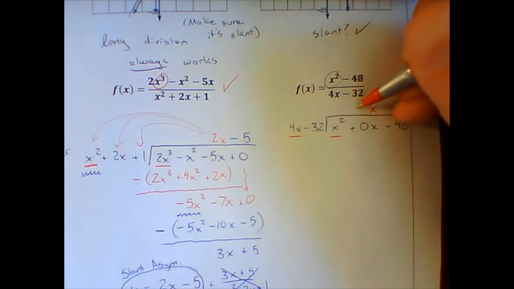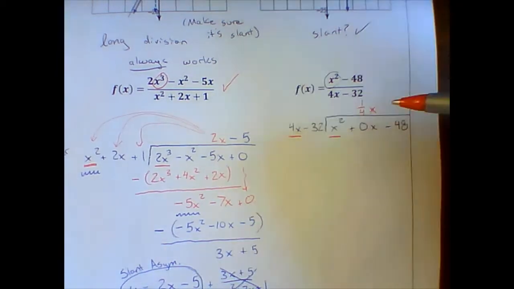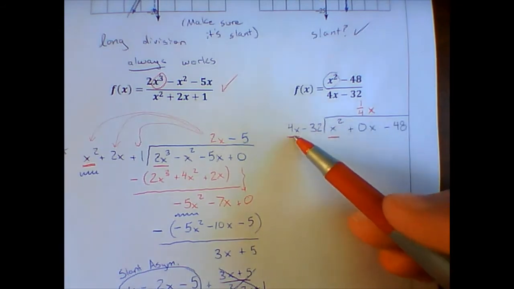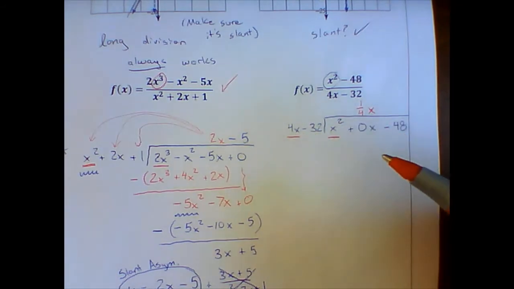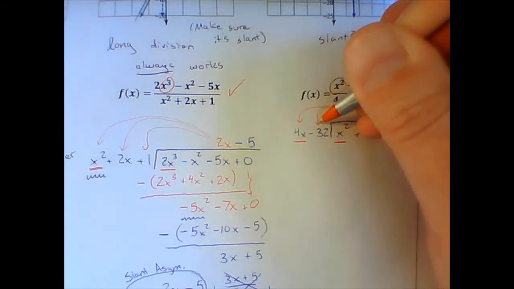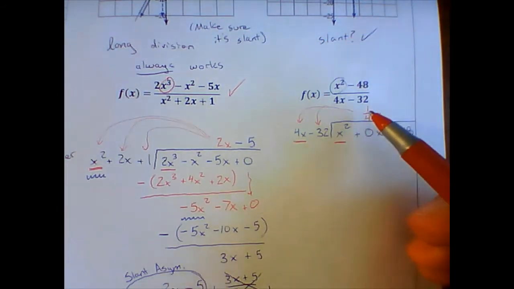Okay, so instead of a 4, it's a 1 over 4, because what that does, it turns it into a dividing 4. So when it hits the 4x, 4 divided by 4 is going to cancel, and you'll be left with just the 1. It will also hit the minus 32 because it does distribute.